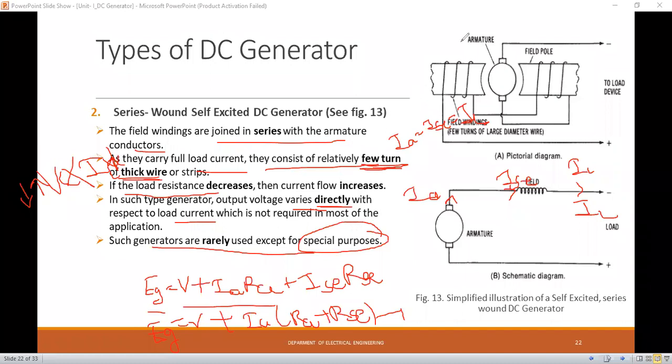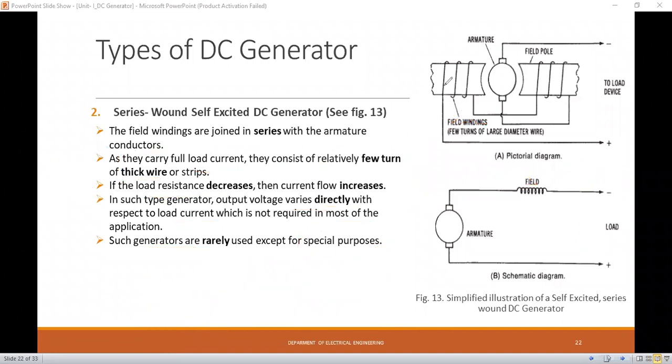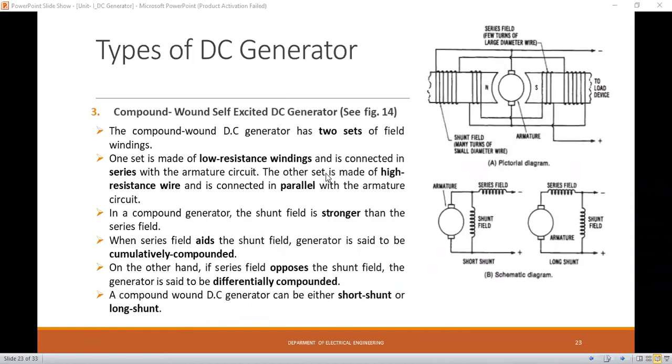Okay, so this is related to that of DC series machine. And in case of DC compound machine, both the series as well as shunt field winding is connected. Series and shunt field winding connect केलेले असतील. So see, the compound wound DC generator has two sets of field winding.